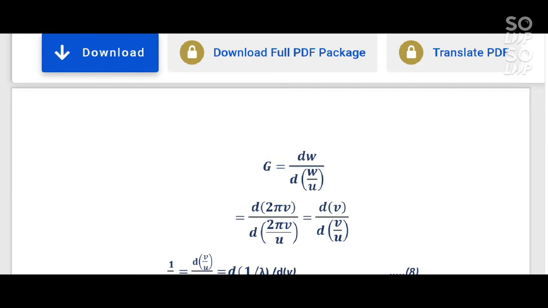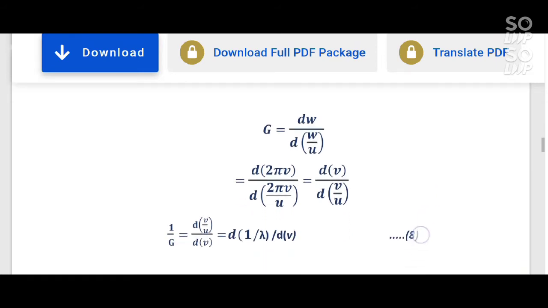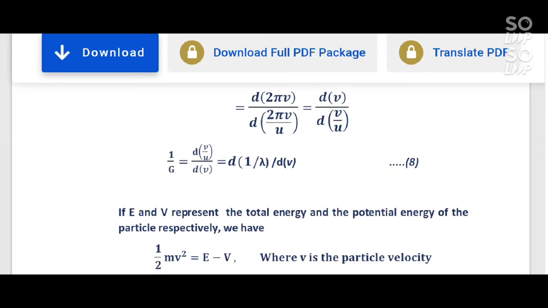Then we get d nu by d of nu by u in brackets. And so 1 by g is equal to d of nu by u in brackets by d nu, which is equal to d of 1 by lambda by d nu.